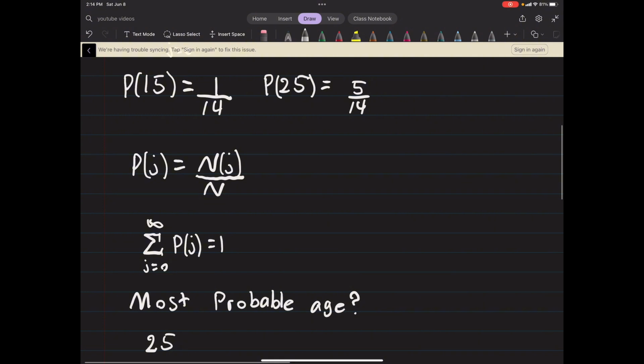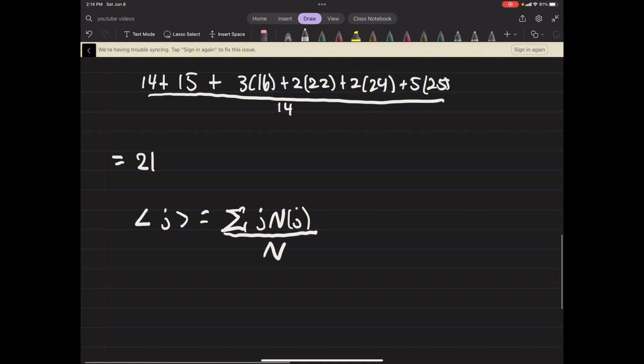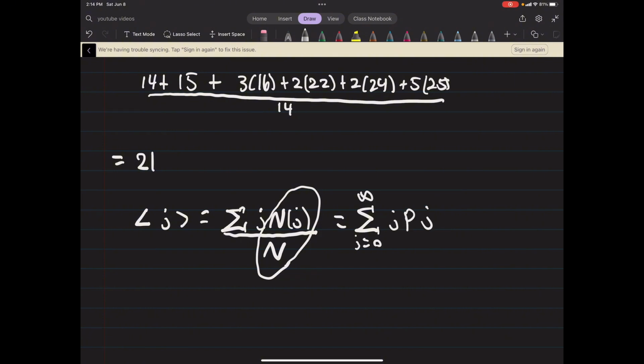Now if you go up, you'll notice n sub j over n is just the probability. So this summation can be simplified a little bit over all j to j times the probability of j.